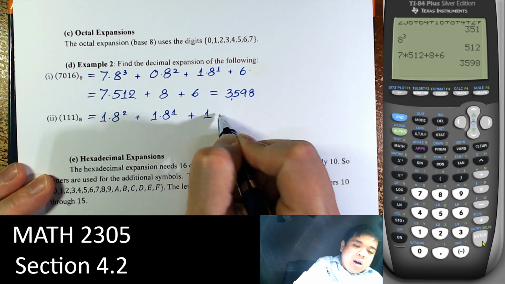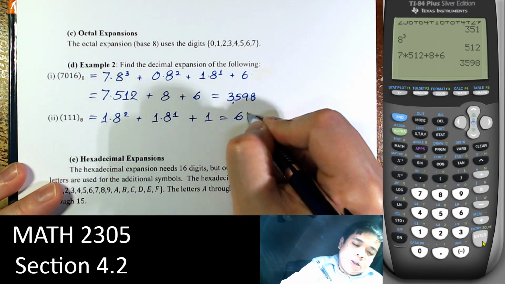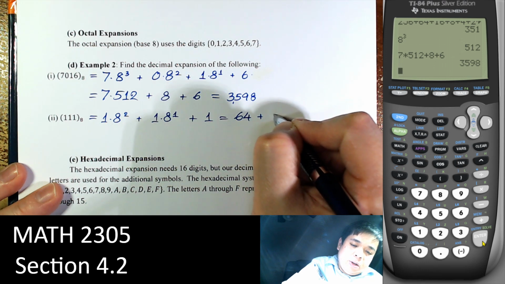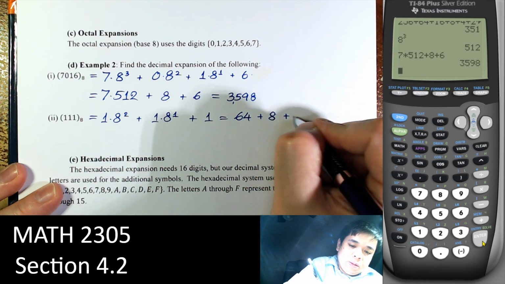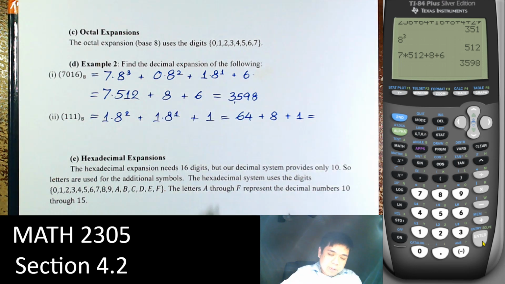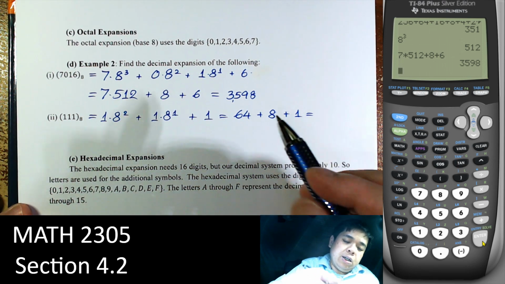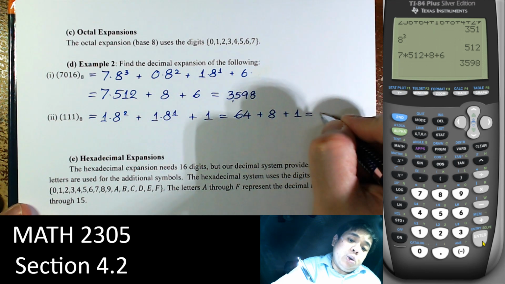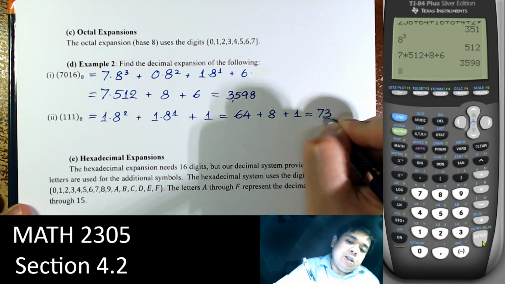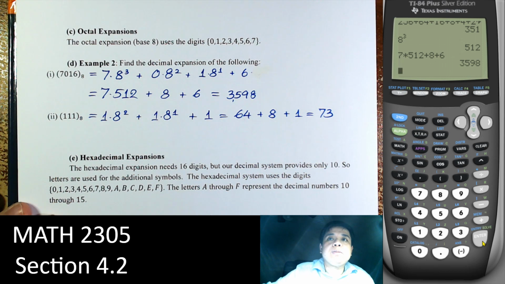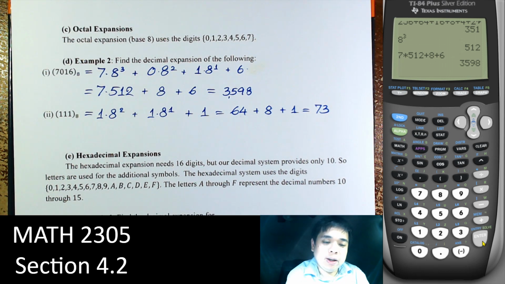The last one has no power. So that is 64 plus 8 plus 1, which is 73. Just like that. So that is base 8.